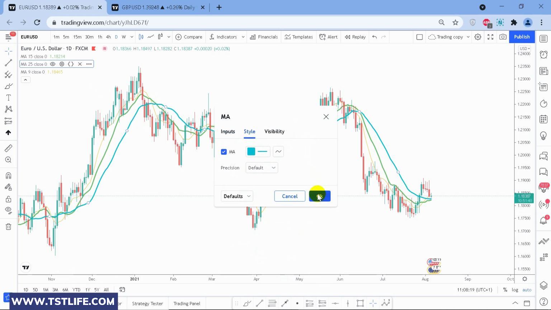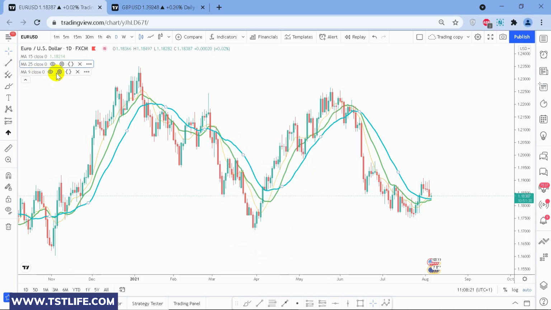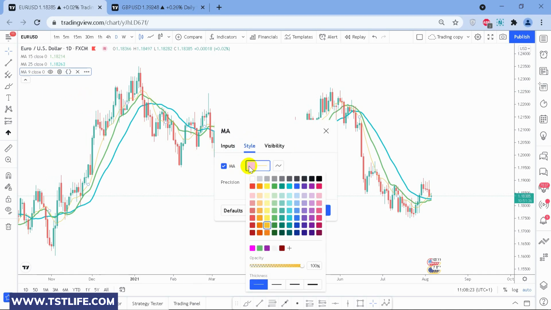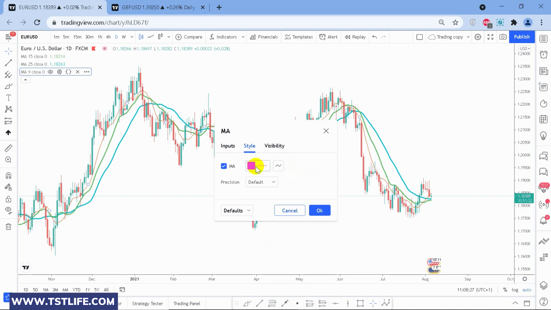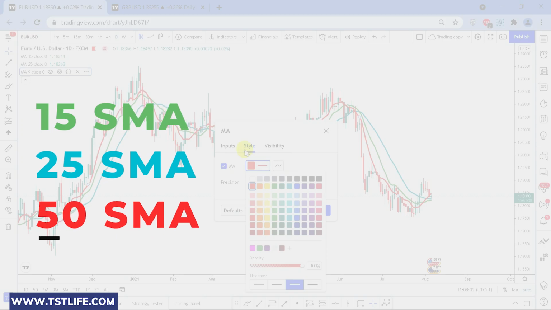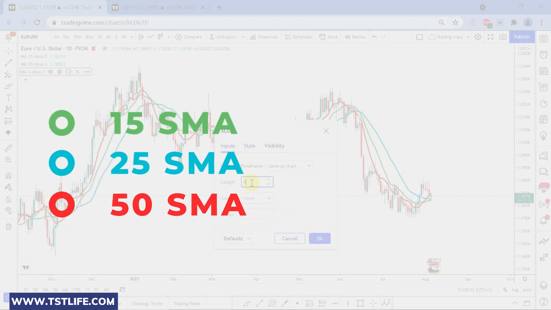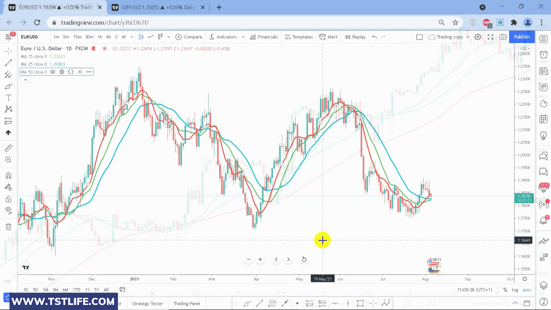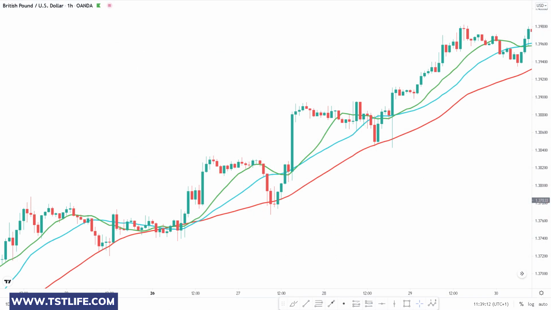You can do the same thing if you are working on MetaTrader. Just make sure to use 3 distinctive colors to help you differentiate the lines. I have assigned the green color to the 15 SMA, the blue color to the 25 SMA, and the red color to the 50 simple moving average. The chart will look something like this.